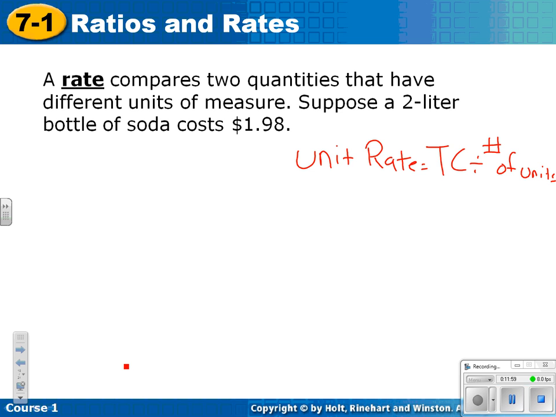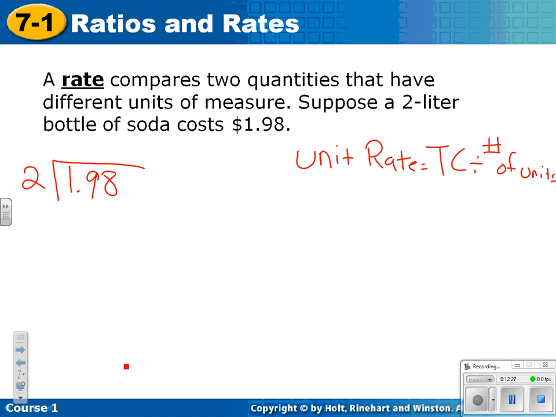So for this problem, a 2-liter bottle of soda costs $1.98. We want to know how much 1 liter costs, so we can compare them and put them in the same unit. So here's what we do. The total cost is $1.98 divided by 2, because we have 2 of them.